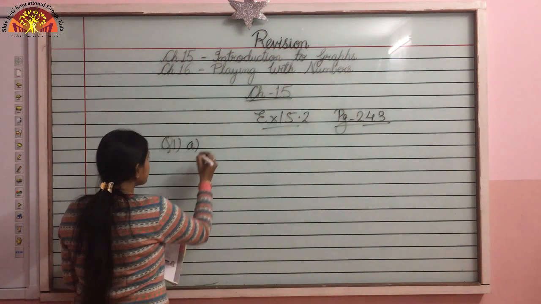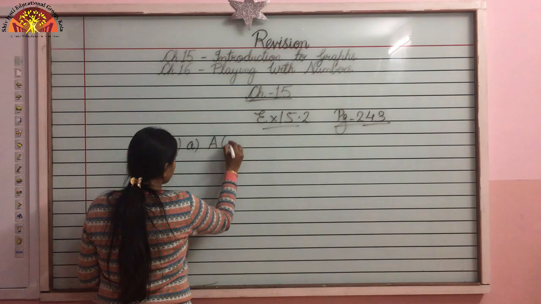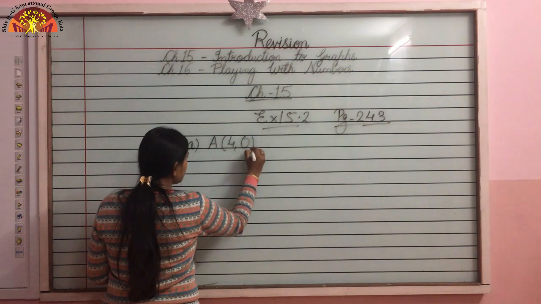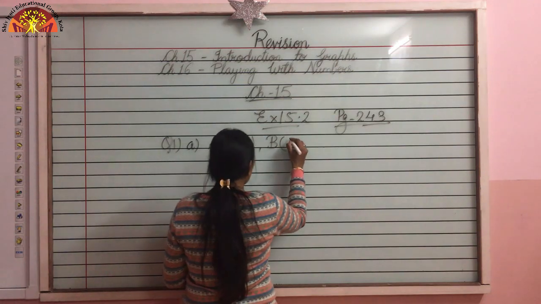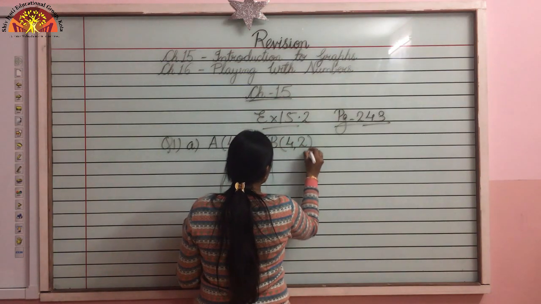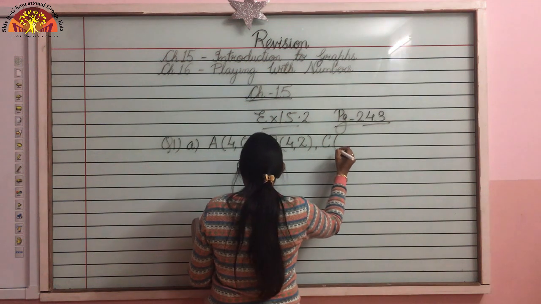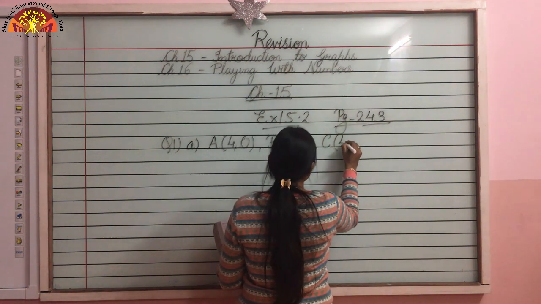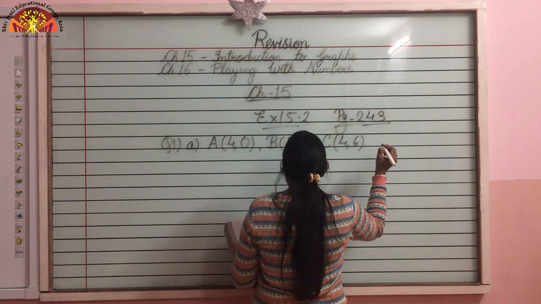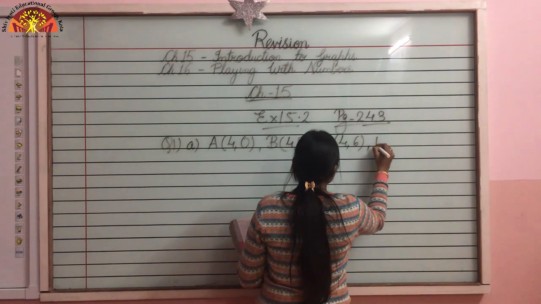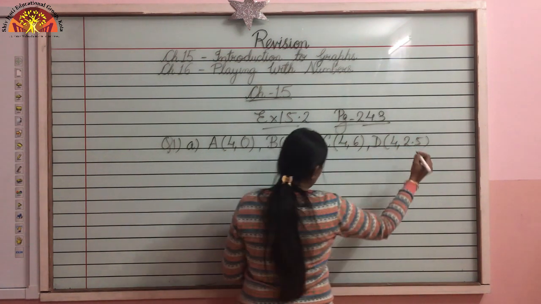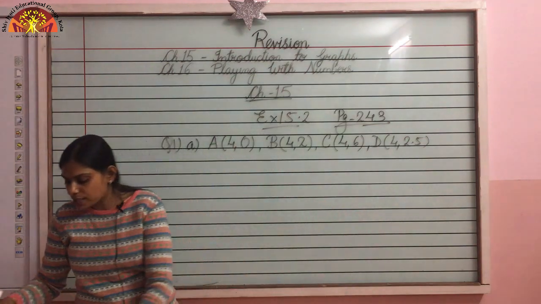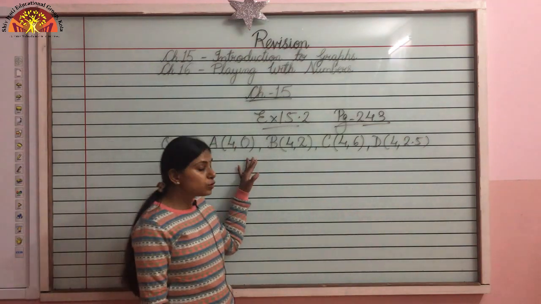The coordinates are A (4, 0), B (4, 2), C (4, 6), and D (4, 2.5). Is it clear? So 4 points have been given to you and you have to plot a graph.